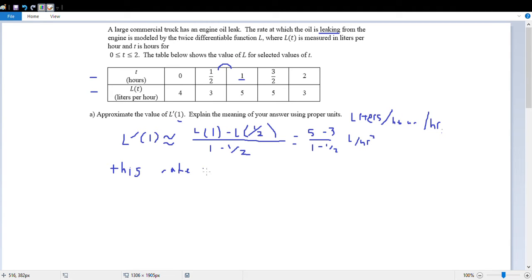We'll just say rate of change of the rate of leak per hour.